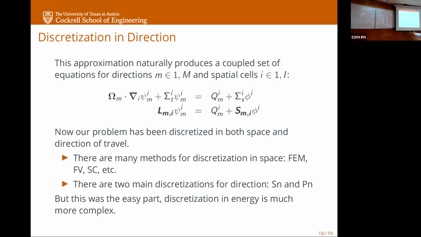And so with that, for every spatial location, we would have a set of m directions in the problem. If we have I spatial cells, then what we wind up with is a set of I times m unknowns. We have a direction m at cell I that we can solve for, and each one of these has its own individual equation.